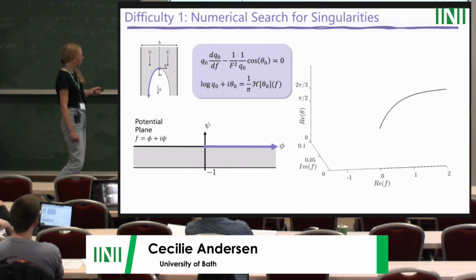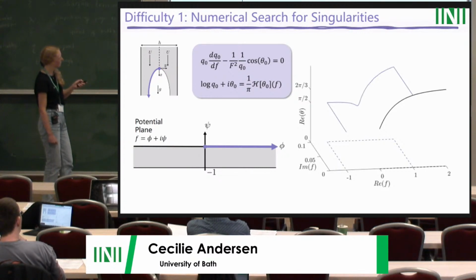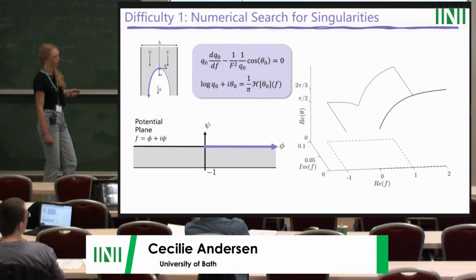So we use some initial condition from this numerical solution, and then we solve the equations along some path into the complex plane. So the path is shown by the dashed line, and then the solid line is showing us the values in the complex plane. When we do this, I just note that theta now becomes complex. So in this picture, we just plotted the real part of that complex theta.